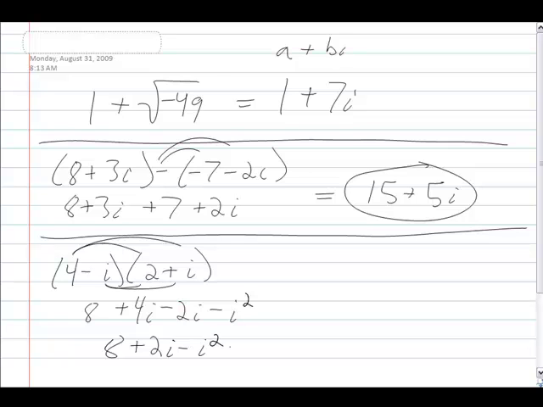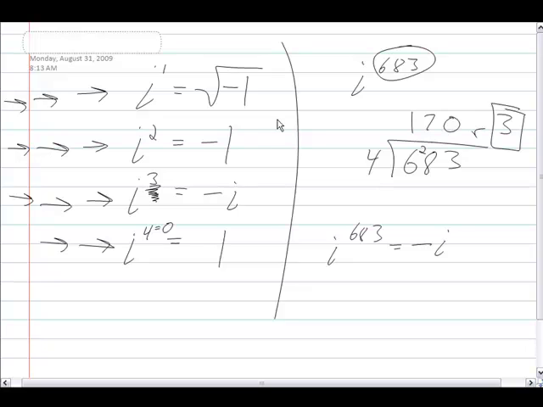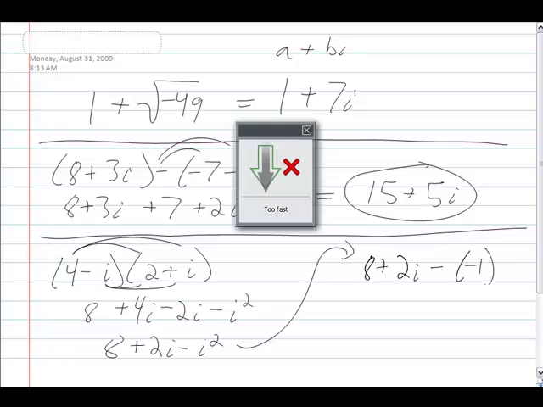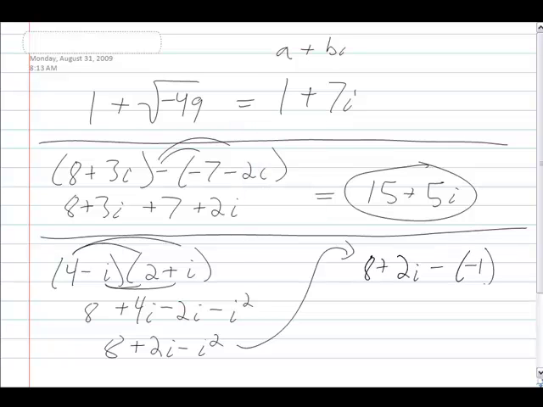But we know what i squared was. Remember, i squared is a -1. So we need to plug that in for i squared. So this then would become 8 plus 2i minus negative 1. This minus negative 1 would become plus 1. We get 9 plus 2i for a final answer.